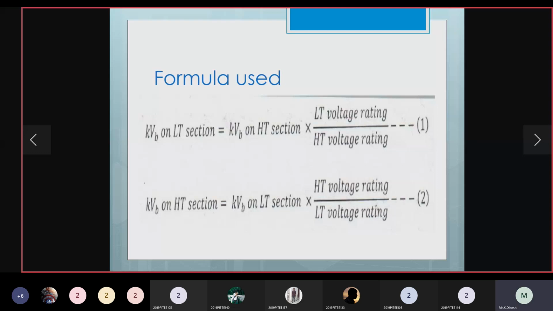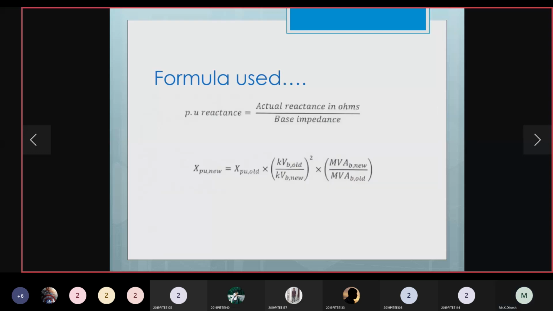Then the per unit reactance for a transmission line is the actual reactance in ohms by base. And the last one, needed for all your rotating machines as well as stationary machines, is X per unit new equals X per unit old into (KVB old by KVB new) the whole square, into MVAB new by MVAB old. The old values are the specified values in the problem, that is, the question.